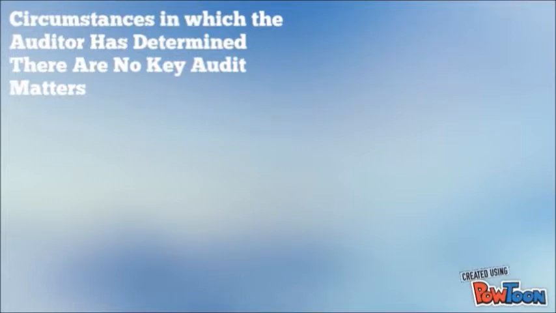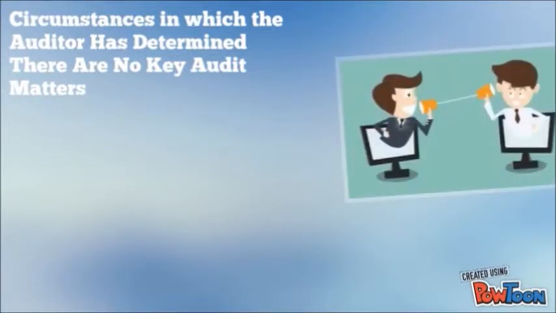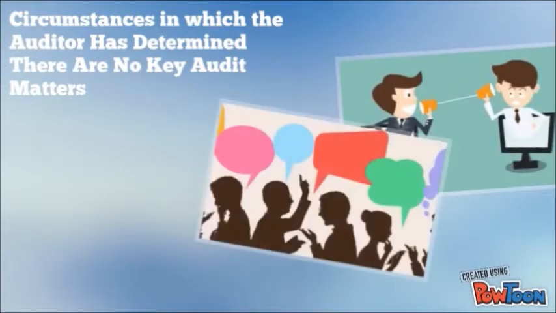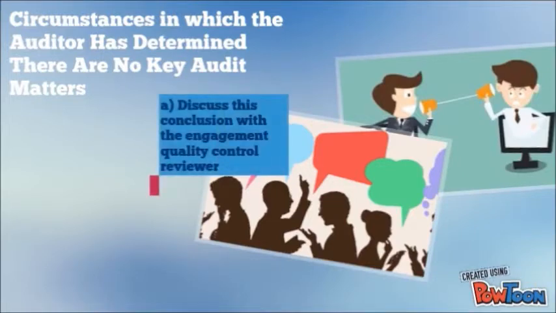Circumstances in which the auditor has determined there are no key audit matters. If the auditor determines that there are no key audit matters to communicate in the auditor's report, the auditor shall discuss this conclusion with the engagement quality control reviewer, for those engagements where one has been appointed.